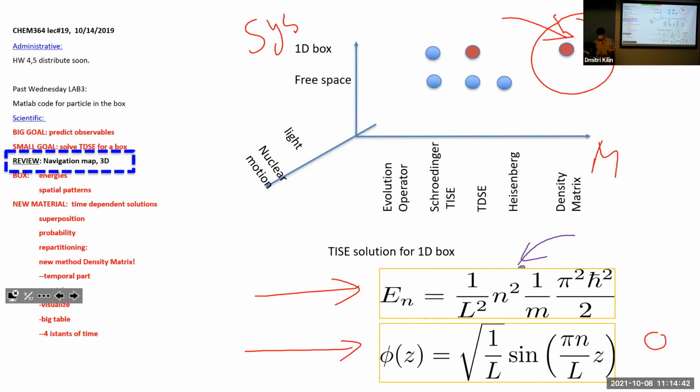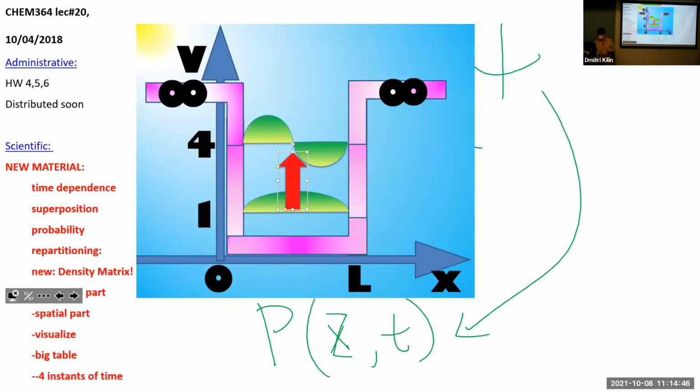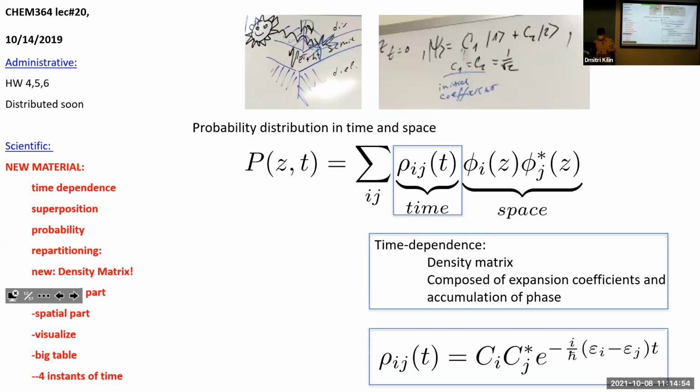So right now we are covering density matrices. So here is our favorite red arrow, what we actually consider, and here is the summary of this new methodology that we did. So our system is in the superposition of first and second eigenfunction with expansion coefficients C1, C2, which are equal.